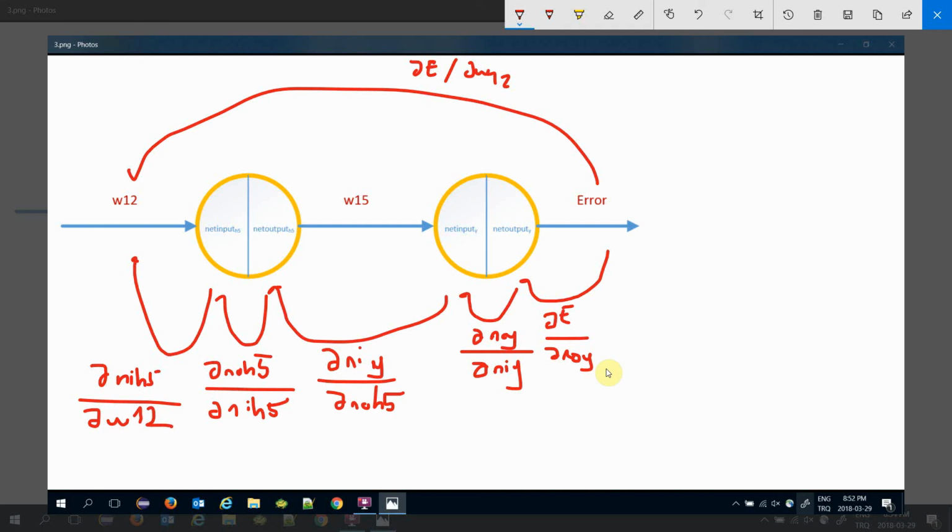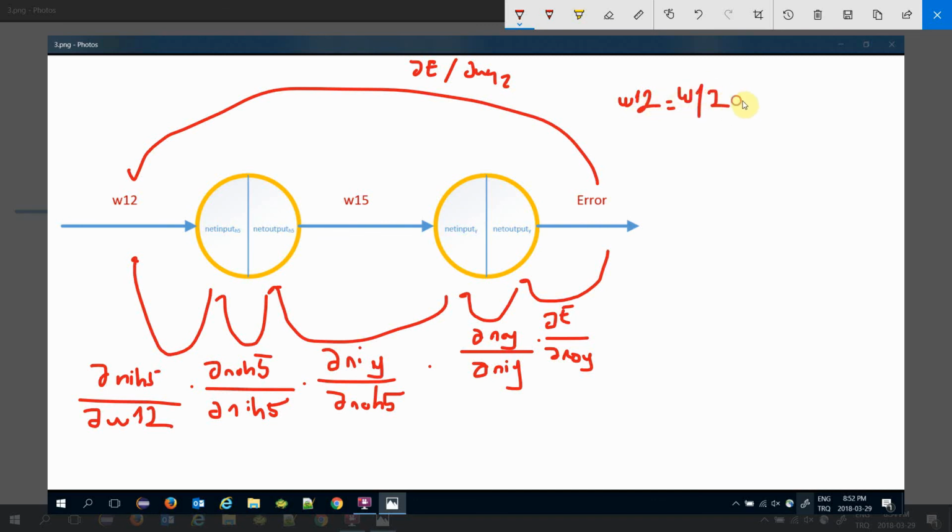We can calculate all of these equations like in our previous example and multiply them, and after that change W12 like that.